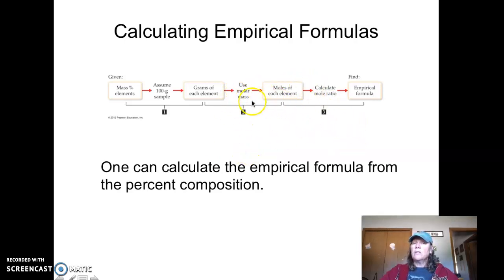The reason you use the smallest number is you don't want to have a number less than 1, because remember, when we do subscripts, they're always whole numbers. So we always use the smallest number and then divide. So the smallest number we're going to get is 1, and that will give you a mole ratio. It'll give you numbers, and from that you can get empirical formulas. I know that sounds a little weird, but I'll show you examples and it'll probably make more sense.